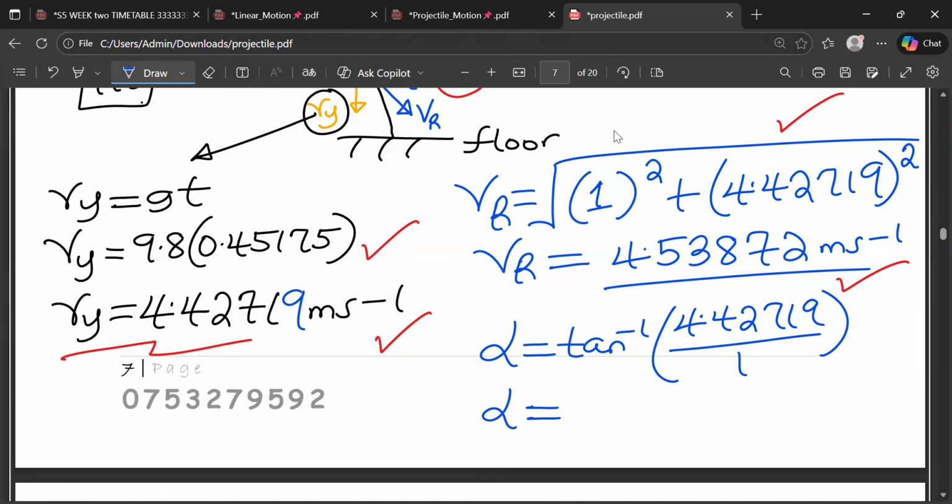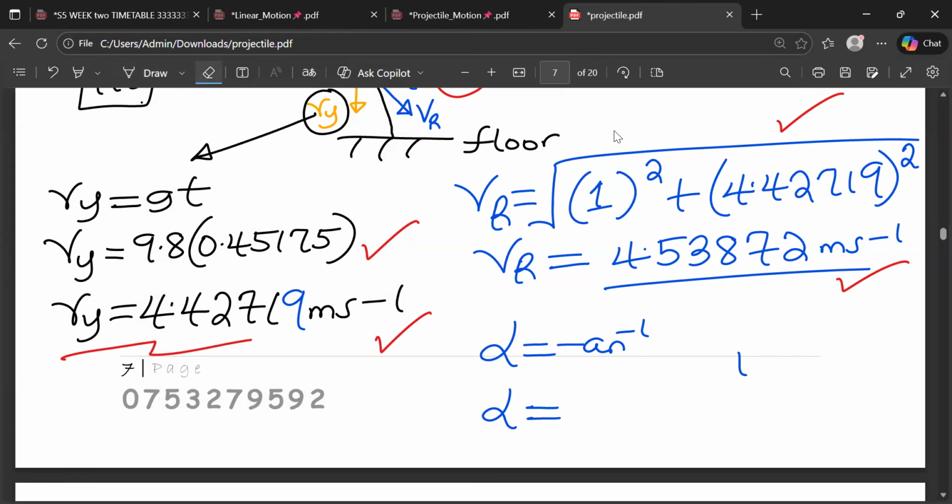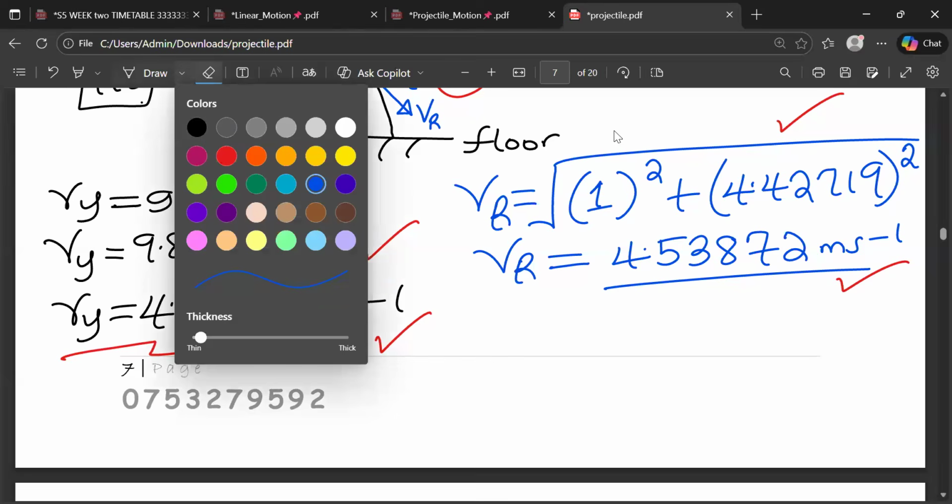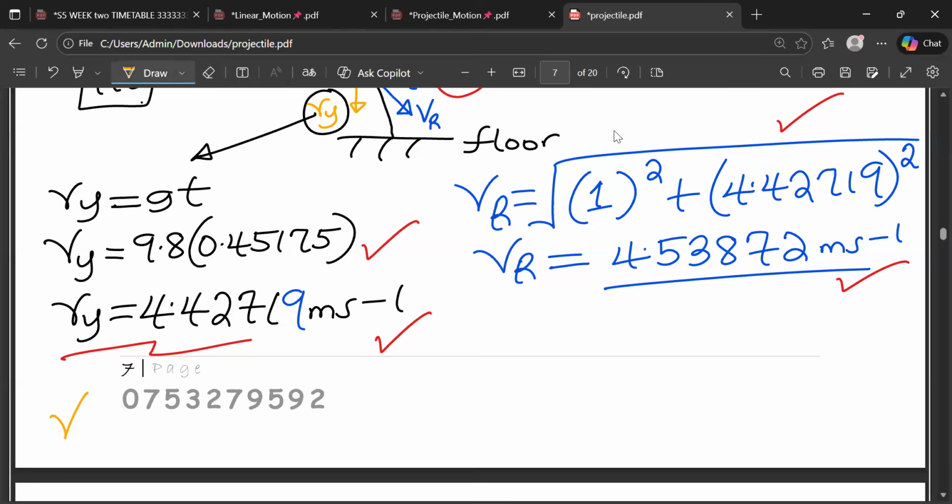You people, it is okay to first show the formulae. Yes, I know there are friends of mine who always want to first show the formula. It is okay. From here, you can always first say, but I know resultant velocity is the root of Vx squared plus Vy squared.